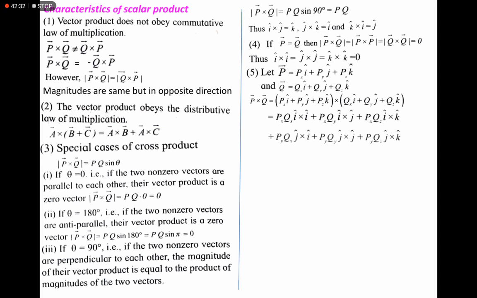We'll write it this way: py qx j bar cross I bar, py qy j bar cross j bar, and py qz j bar cross k bar. Now the third term, pz k bar, multiplies the second bracket, and this gives us pz qx k bar cross I bar, pz qy k bar cross j bar, and pz qz k bar cross k bar.